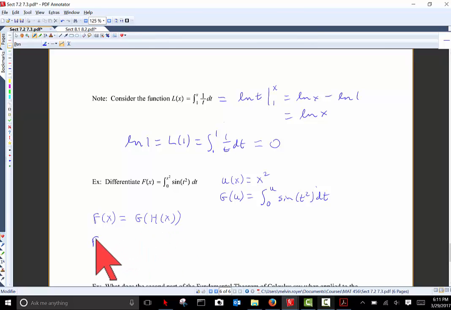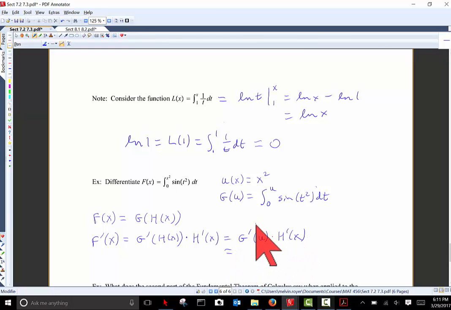And so to take its derivative is a chain rule problem. The chain rule says this is g prime of u of x times u prime of x, or g prime of u, if you wish, times u prime of x.